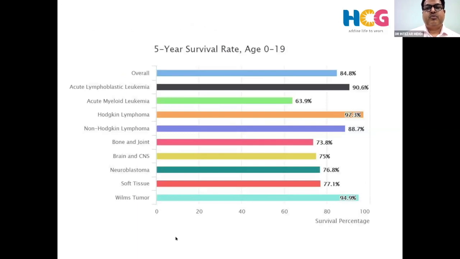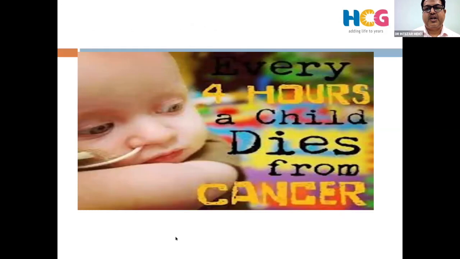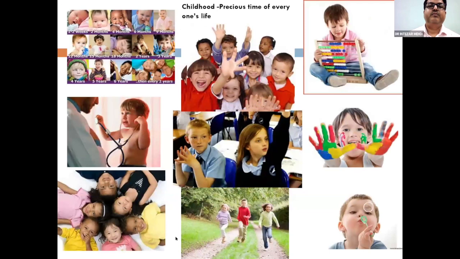Similarly, most of the cancers in children, about 85% of them, can be cured, and ALL almost tops the list, along with Hodgkin's lymphoma and Wilms tumor, which have cure rates of more than 90-95%. In spite of all this, every 4 hours a child still dies from cancer, unfortunately.